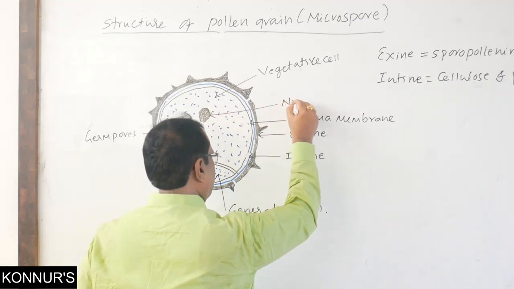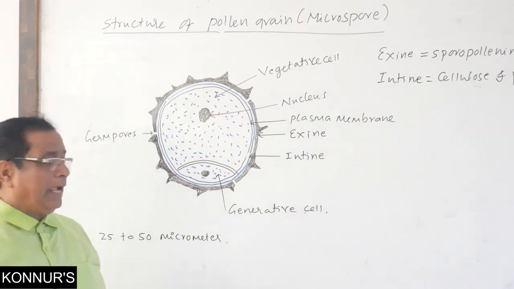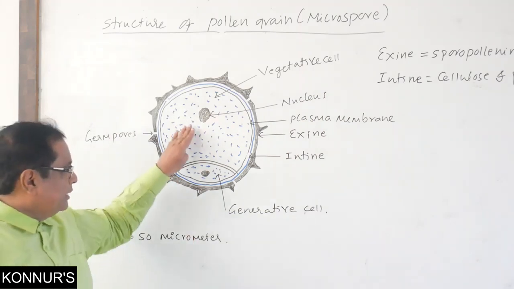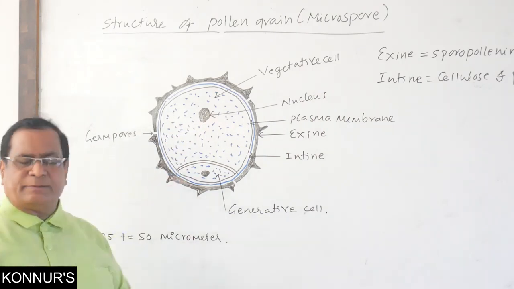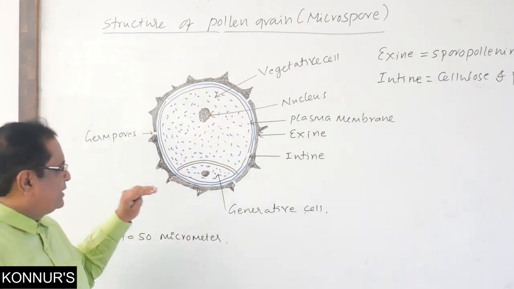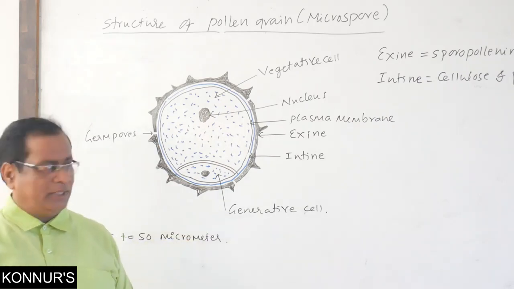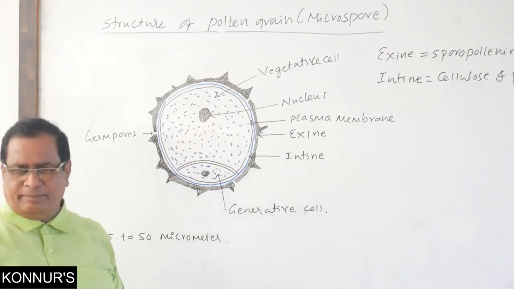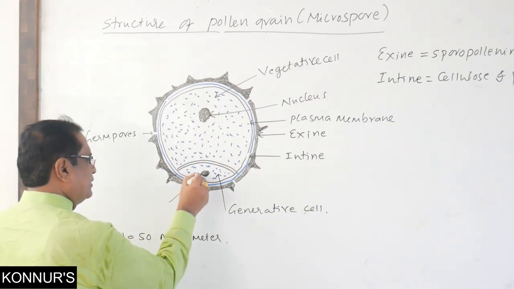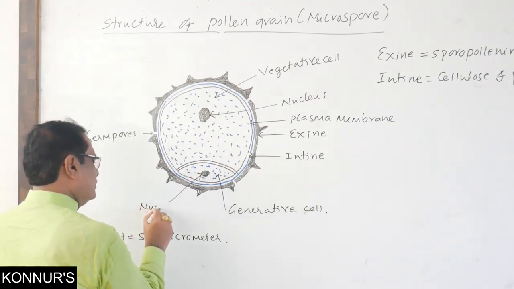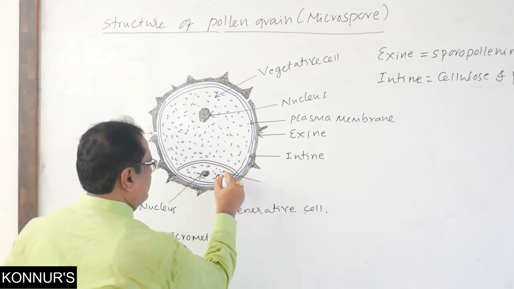In this large vegetative cell, a small spindle-shaped generative cell is floating. It also has a nucleus with dense cytoplasm.